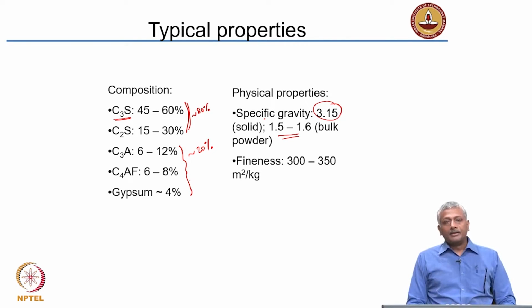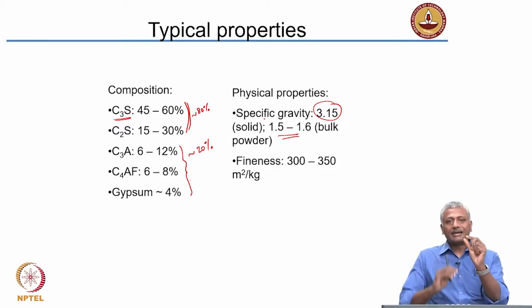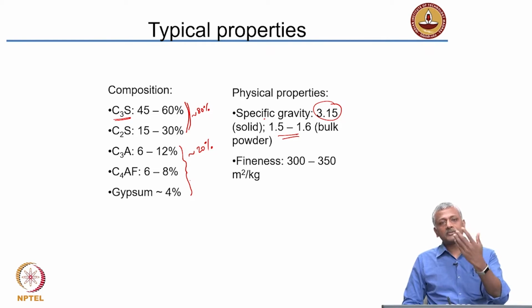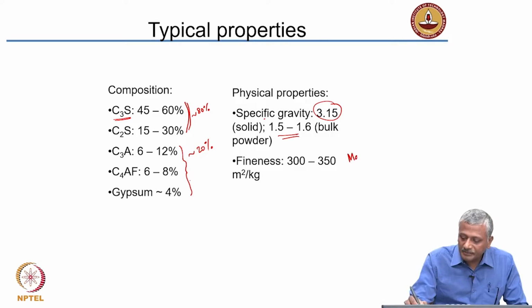Okay. Fineness of cement is expressed typically in terms of a surface area. So, if you take 1 gram or 1 kilogram of the cement and you were able to measure all the surfaces on top of the cement and represent that as a surface area, that is what is called a mass specific surface area.